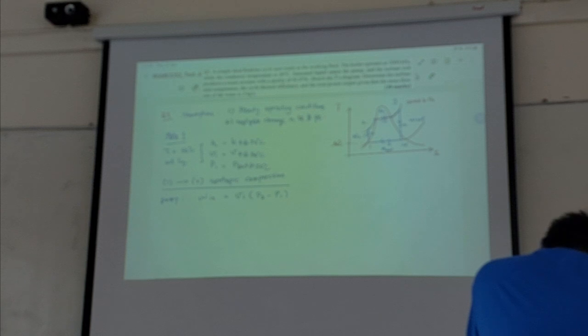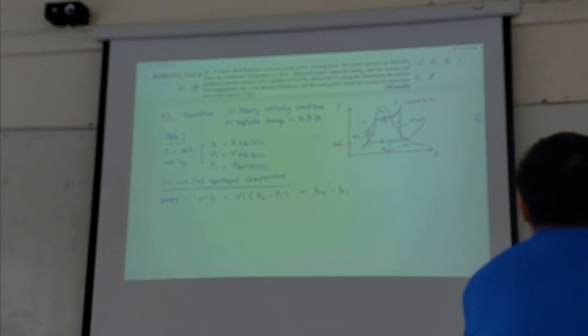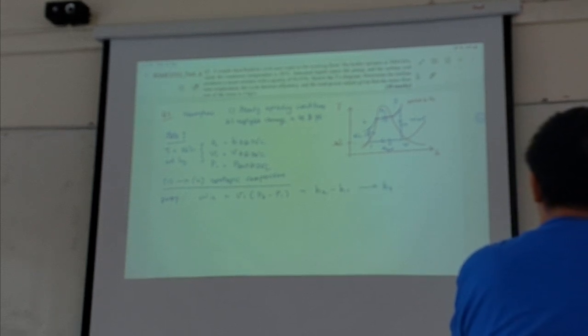This is why we need to find P1. And also we know that work is H2 minus H1. So from here, you can get H2.